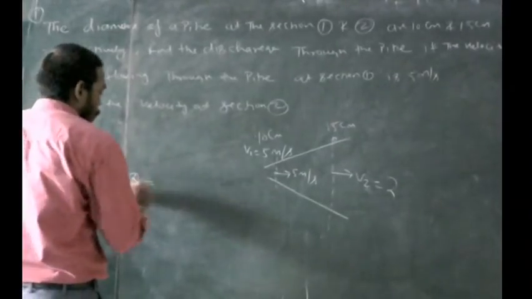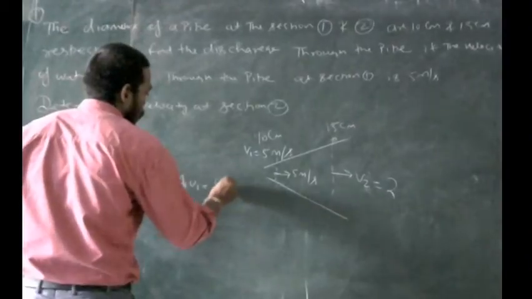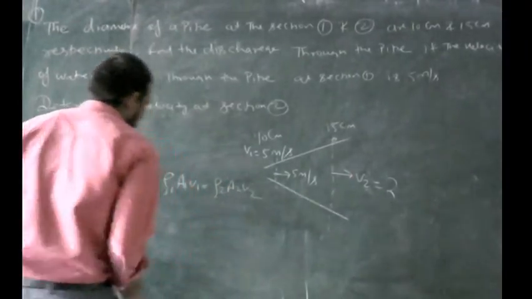We know that rho 1 A1 V1 equal to rho 2 A2 V2.